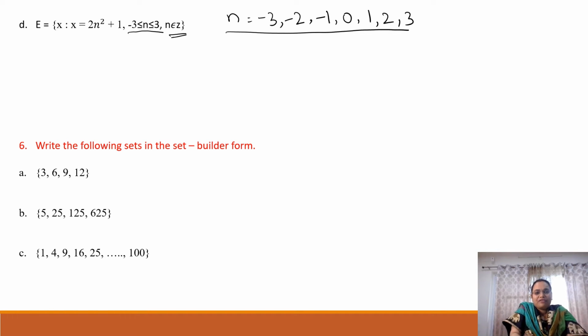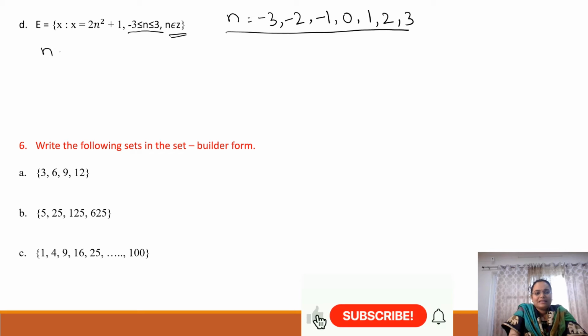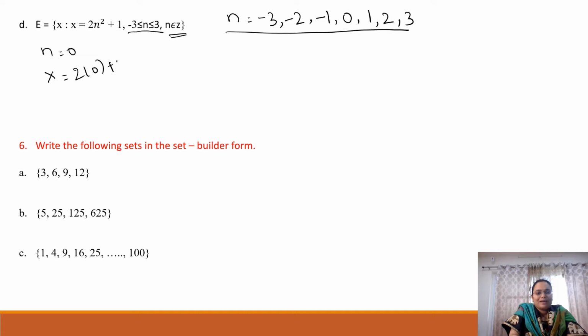Let's take first n equals 0. So what will be the x value? That is 2 times 0 squared plus 1, that is 1, correct? So for n equal to 1, x is equal to 2 times 1 squared plus 1, that is 3. Yes, here 1 and this is 3.